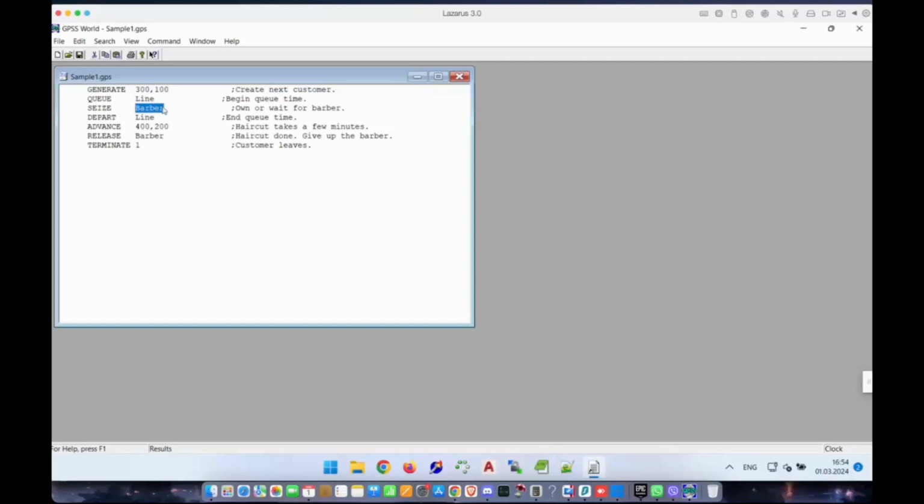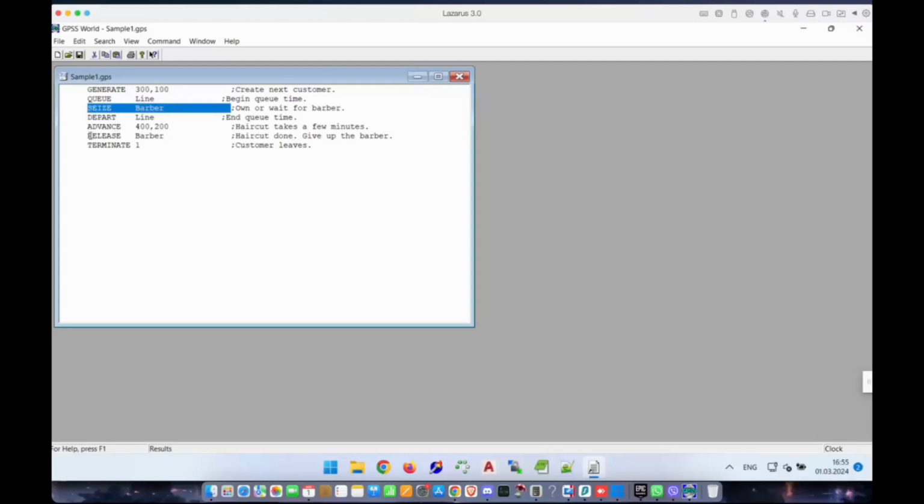So that means the barber, as it's called in the GPSS syntax, is a facility. We can have only one transact attached to the facility at once, simultaneously. Once a transact is attached to the facility, another transact cannot be attached as well, because there is no free place, no free slot for another transact.